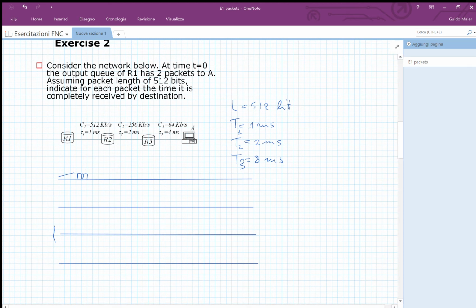And then they propagate, make the second packet a different color. So they propagate, and the first propagation delay is 1 millisecond. So you have these two lines. Then we arrive at the second interface.